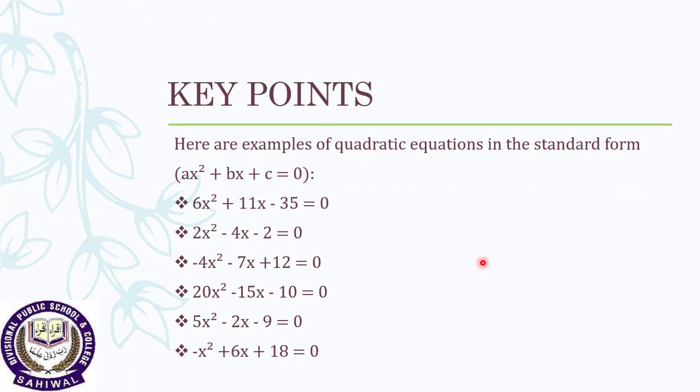You should remember some important points. Quadratic equation in the standard form can be written as ax raised to power 2 plus bx plus c equal to 0. Here are some examples of the quadratic equation written in the standard form.